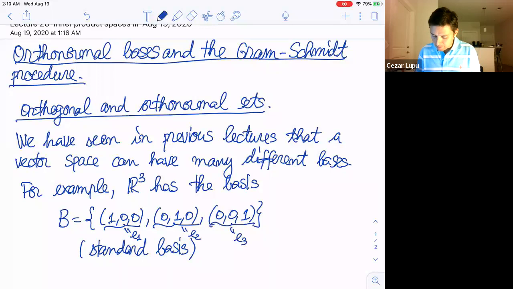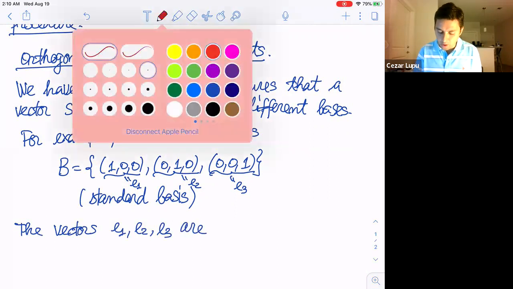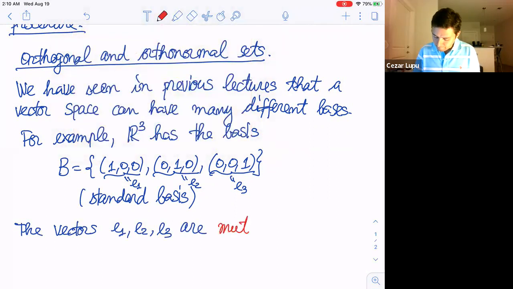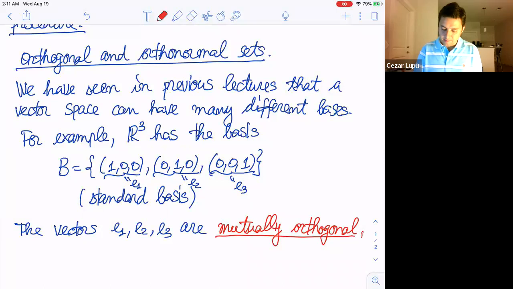Let's denote this by E1, this is E2, and this is E3. And there is one observation that is crucial here. The vectors from this basis, E1, E2, E3, are mutually orthogonal. What does this mean?